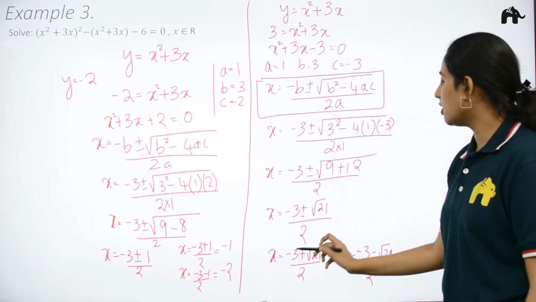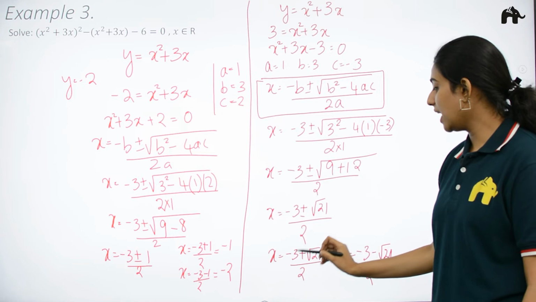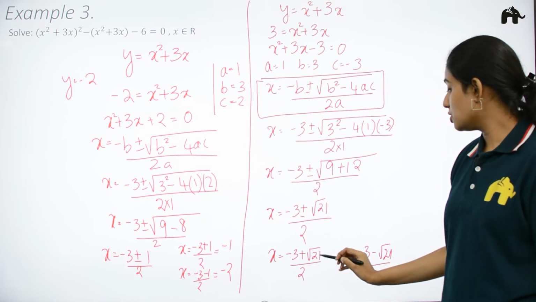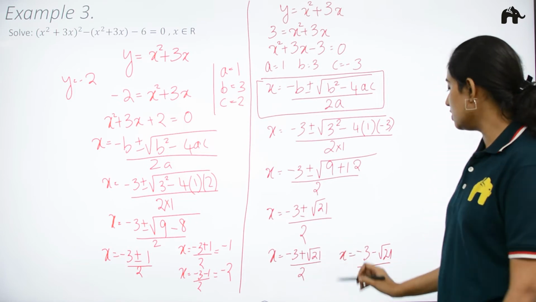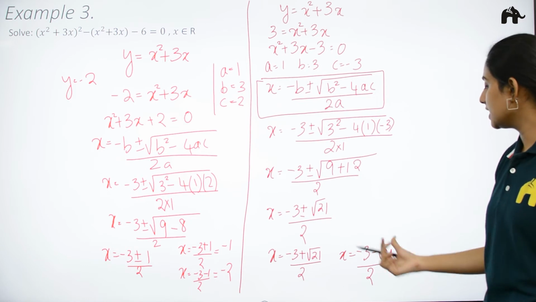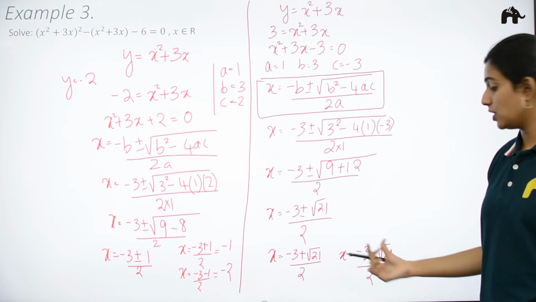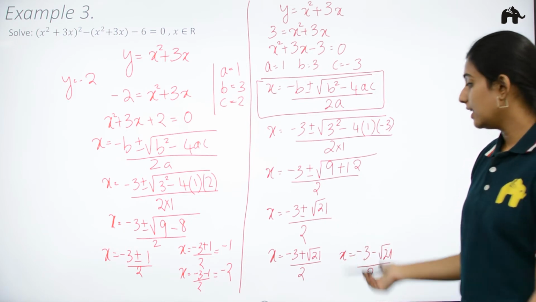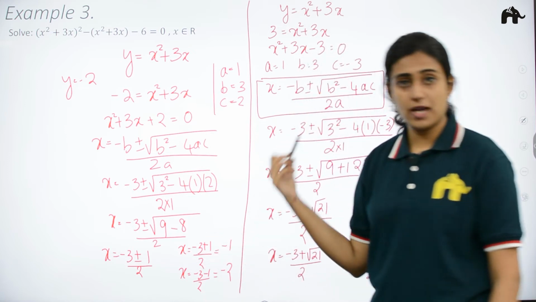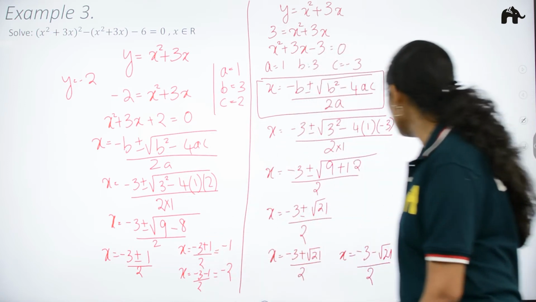2 values we got. They are equal to (-3 + root 21)/2, then x is equal to (-3 - root 21)/2. Then x is equal to -1 and x is equal to -2.